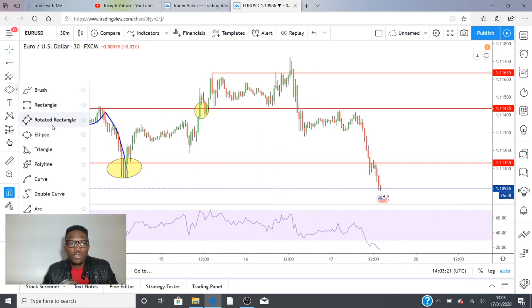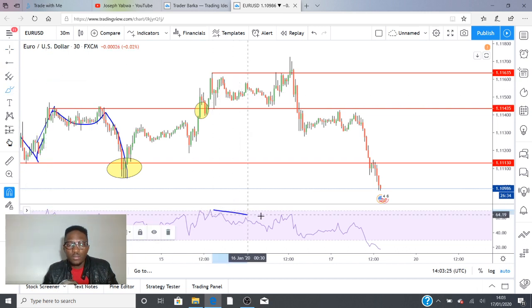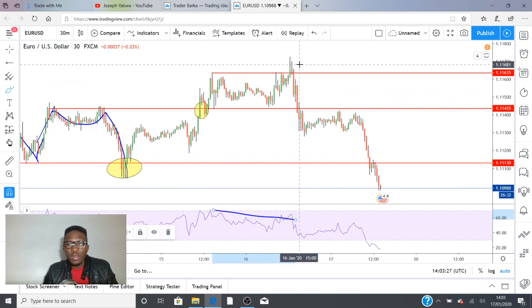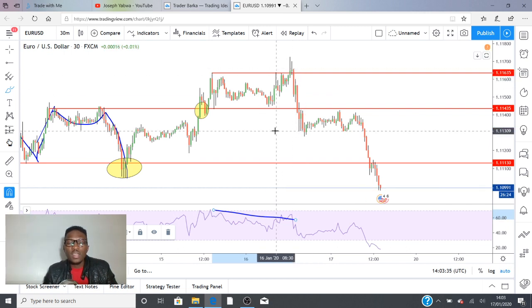From the RSI we can see some kind of divergence here, right? The market made a higher high, but the RSI is showing it hasn't made a higher high. But these are all the signs that the market is giving you.